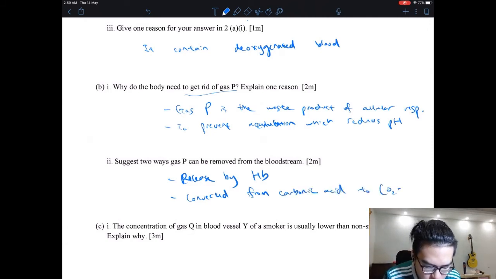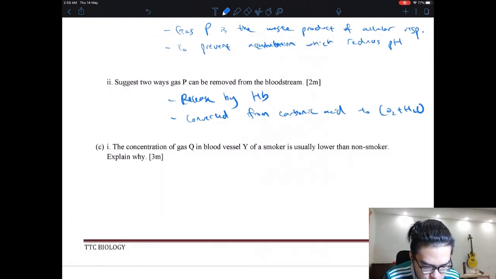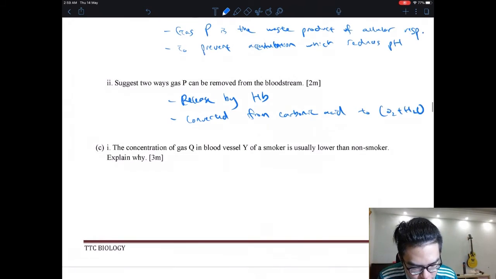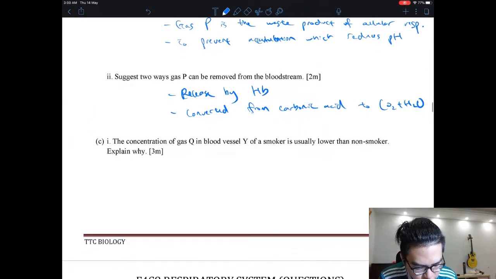Okay, concentration of Q in Y is usually low. In smoker, it's usually lower than non-smoker. Explain why. Okay, that's a very good question. Okay, because cigarette smoke contains carbon monoxide.